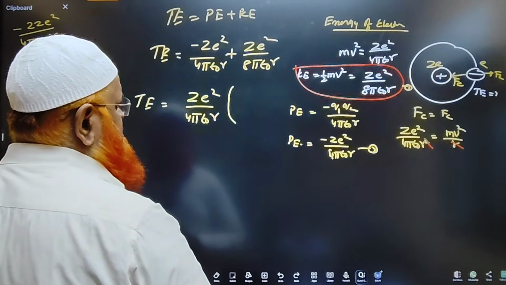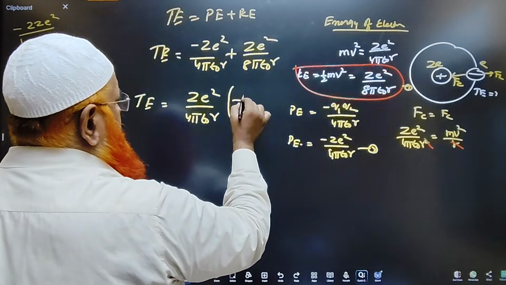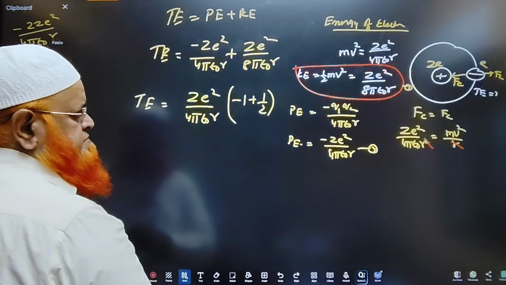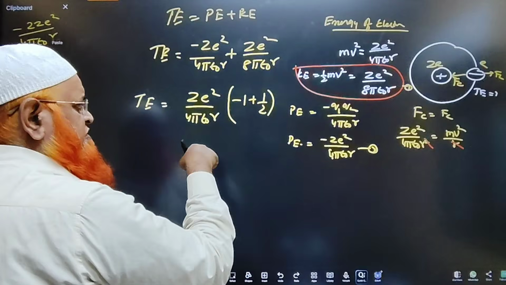Minus 1 plus 1 by 2, because 2 for the 8. Minus 1 plus half gives minus half.